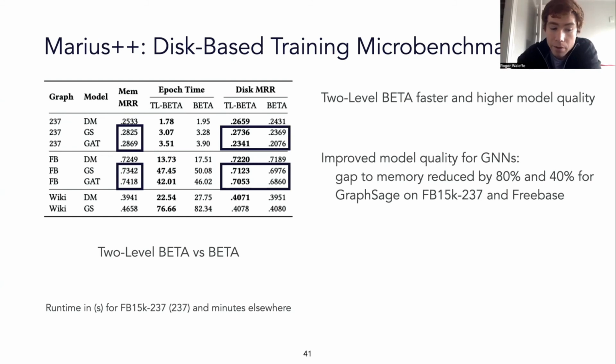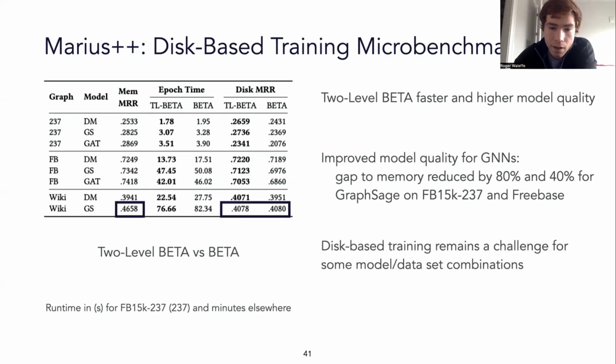And for GNN models, by improving the randomness in the generated mini batches, two-level beta significantly improves model quality for disk-based training, reducing the gap to training with the full graph in memory by 80 and 40% for the GraphSage GNN on the two data sets here, respectively. However, achieving high-quality models using disk-based training is still an open challenge for some data sets and some models. So there's certainly room for continued improvements in future work.